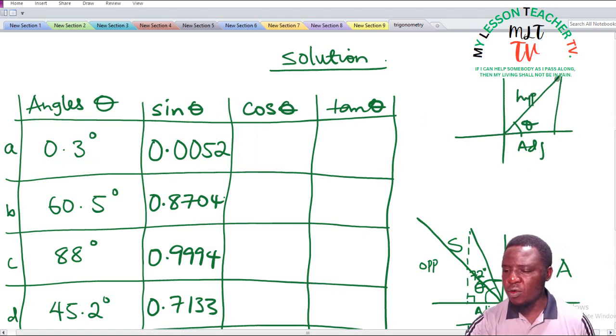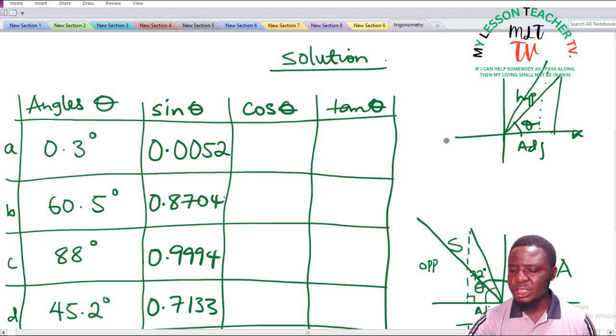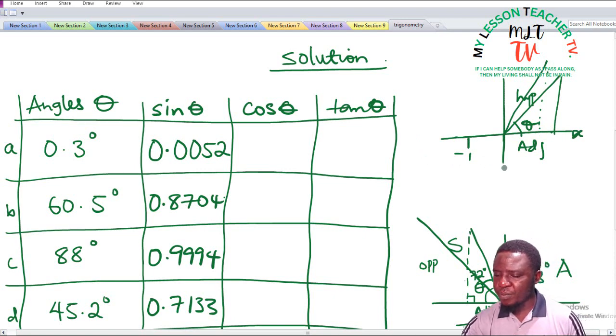Now, as the value of theta keeps increasing, you discover that the value of the adjacent side keeps decreasing from 1 to 0. From 0, it increases towards the negative x-axis to -1 and increases back to 0. From 0, it goes back to 1.